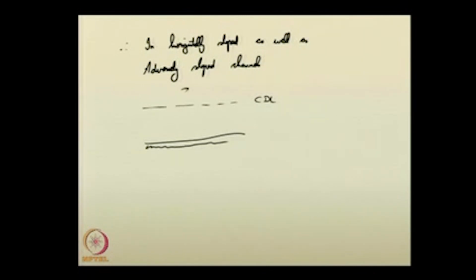They are classified as zone 2 and zone 3. Therefore, in these two channels there exists only zone 2 and zone 3. So, there is no zone 1 in horizontally sloped and adversely sloped channels. When you consider your classifications of the gradually varied flow, you have to keep these things in mind.